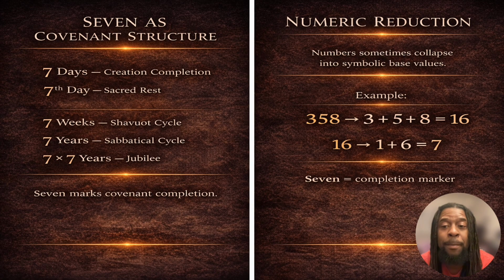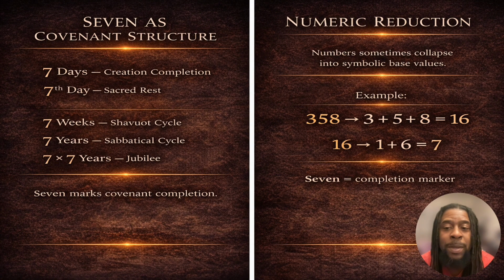The number 7 becomes a structural marker throughout the Torah. Creation is organized around 7 days, culminating in sacred rest. Israel's calendar mirrors this pattern through cycles of 7 weeks, 7 years, 7 times 7 years leading to a jubilee. 7 functions as a signal of completion within the covenantal system. When numerical reductions later converge on 7, they are pointing back to this established covenant structure.